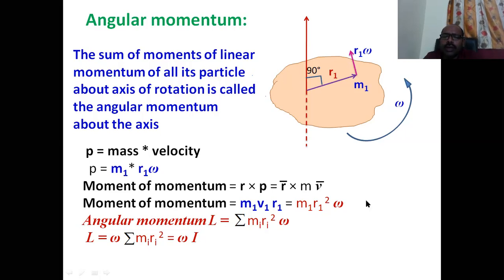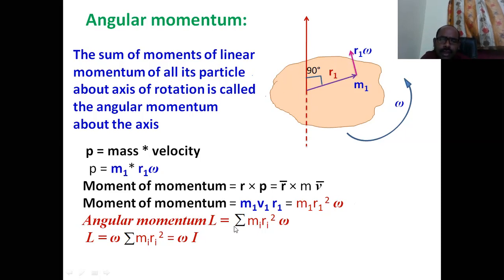Similarly, we have to write the moments of momentum of all particles, and we have to sum all those terms. By writing that, we get the angular momentum of the rigid body about that axis of rotation.